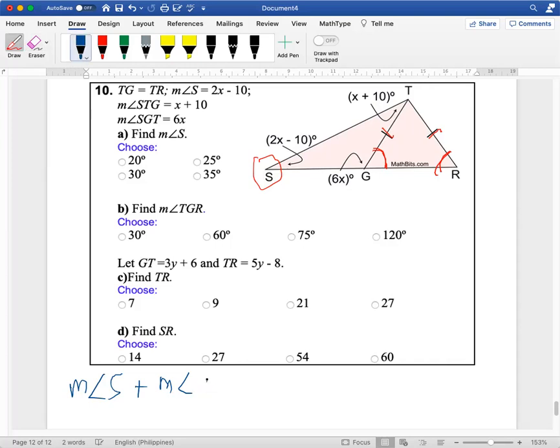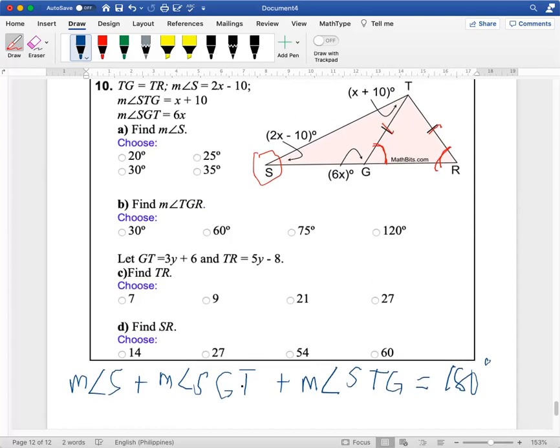So we have angle SGT plus the measure of angle STG is equal to 180 degrees. Why 180? Because these three angles are the measures of the angles of a triangle.